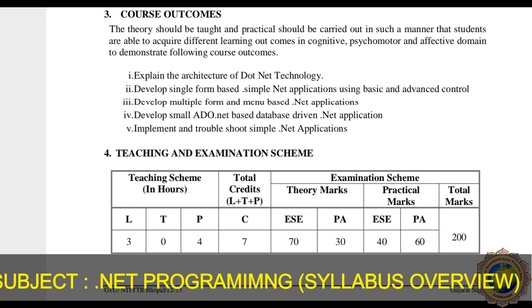The examination scheme is divided into two parts, theory marks and practical marks. Theory marks are given as ESE and PA, where ESE is the end semester examination. Practical marks are also given as ESE and PA, and the total marks including theory and practical are 200, depending on the GTU syllabus.